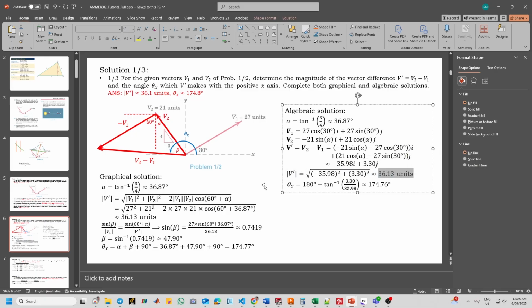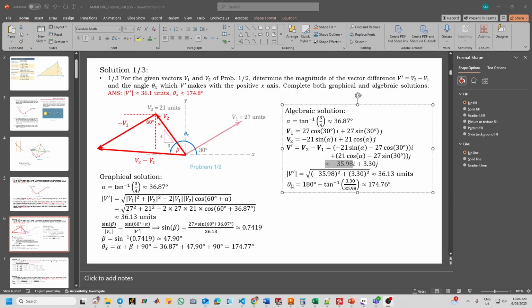You can find v prime, which is equal to the same thing that we obtained before. And how about theta x? Theta x is a little tricky, but in general you need to find out first tan inverse of this value over this value.